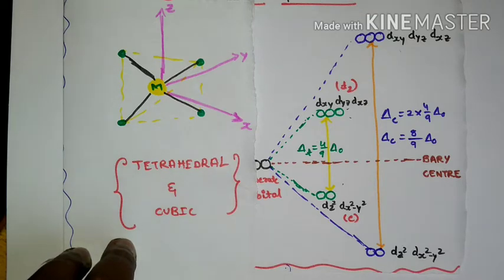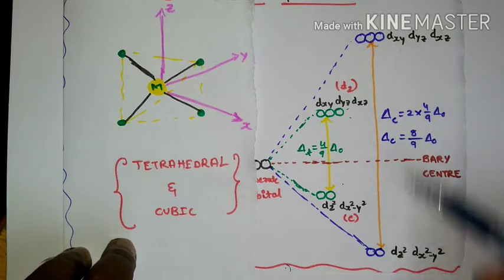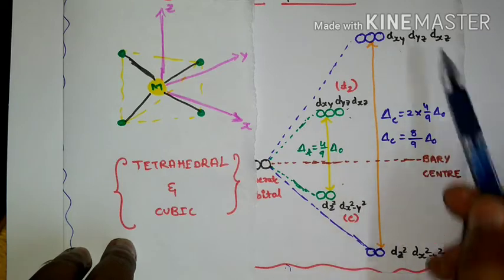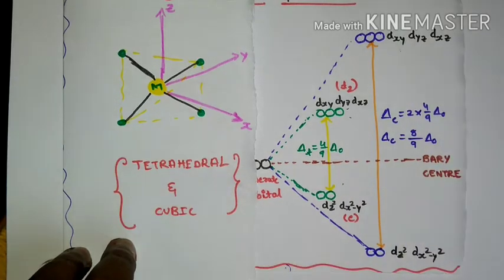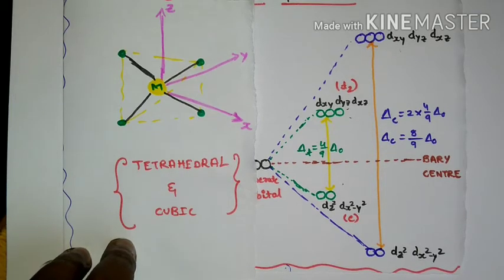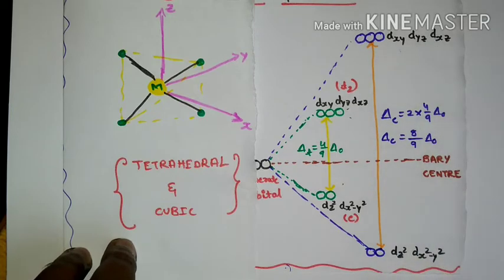And in the case of cubic, the splitting will be similar, but the energy difference is more. That is, the d orbitals which are lying in between the axis, their energy will increase, whereas the d orbitals which are lying along the axis, their energy will decrease, similar to tetrahedral environment. But the energy difference between those two sets of orbitals will be more in the case of cubic.